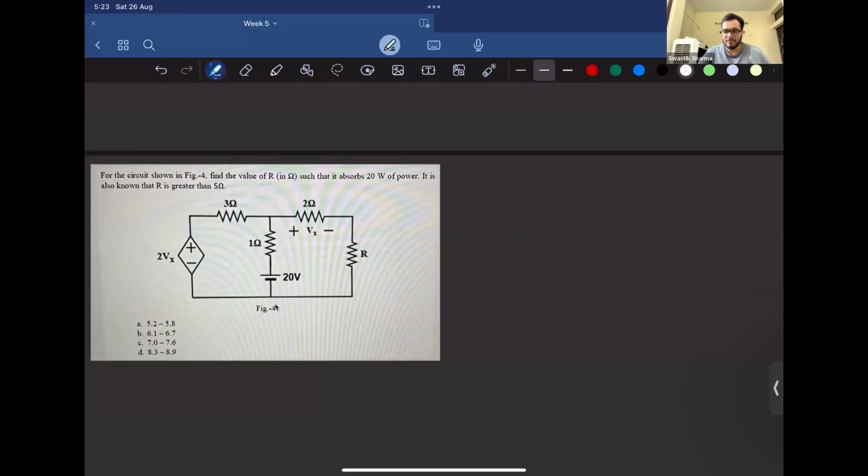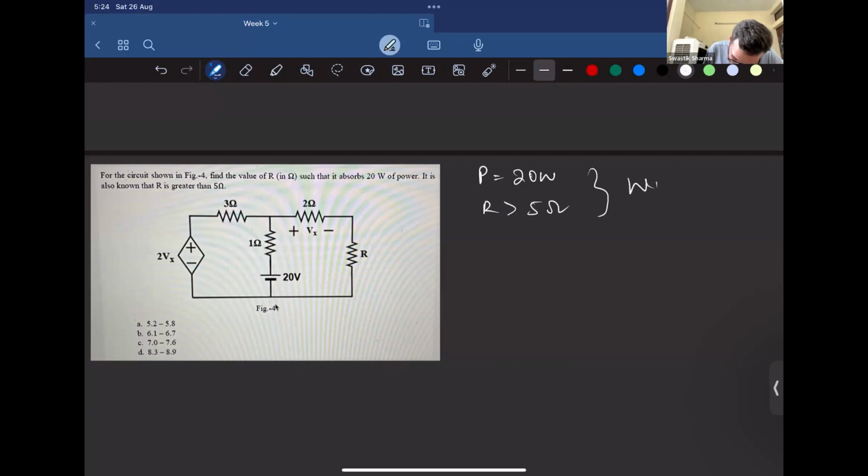Can we solve this question? I seriously want you to solve this question so you are able to solve the week 5 assignment. We're lagging behind. So what are we given? We are given a load resistance, and it absorbs a power of 20 watt, and we know that R is greater than 5 ohm.